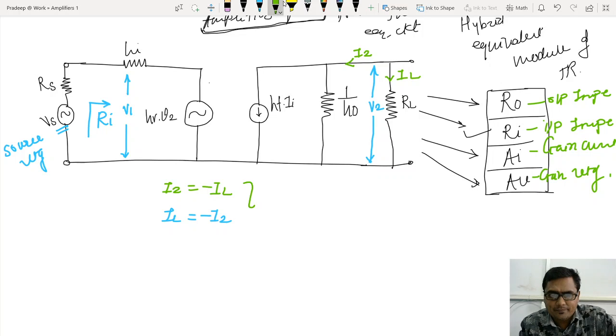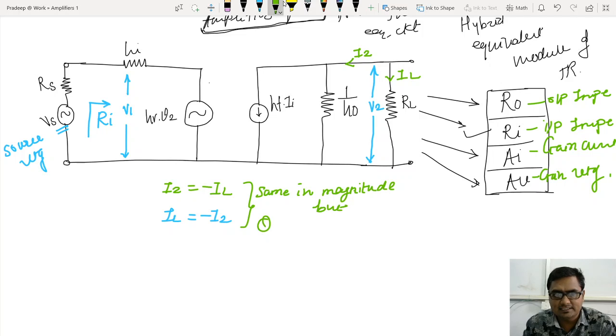That is what I can say. They are the same in magnitude but opposite in phase. That's the actual meaning.